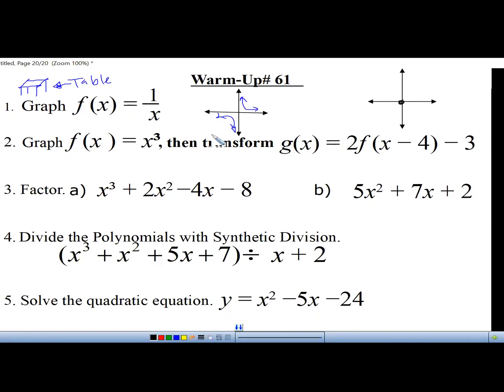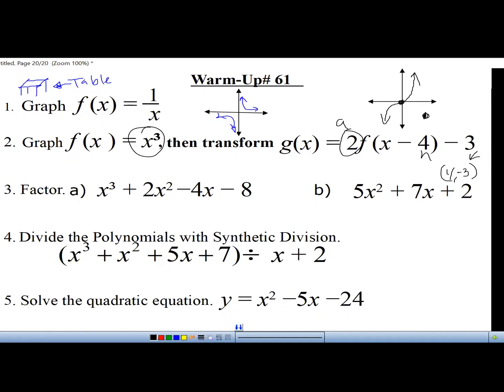So here's a cubic. There it is. And h and k, or 4, negative 3, is our vertex, which is somewhere over here. However, what does this 2 do to the entire function, being that it's a? What does that do to the entire function?